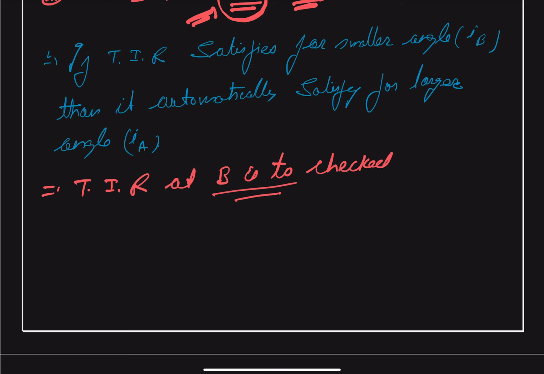And because the prism is 90 degrees at C, we can say that angle A plus angle B will be equal to 90 degrees.